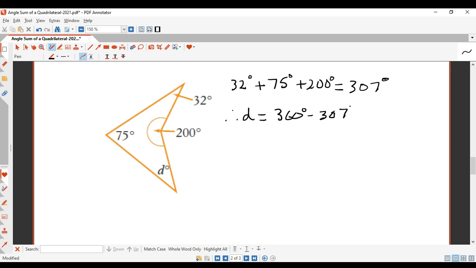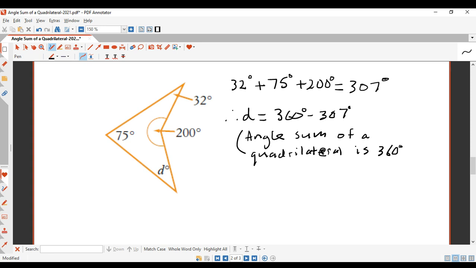Don't forget to put the degrees symbol. And we're going to put down the reason. Angle sum of a quadrilateral is 360 degrees. So therefore, D is equal to 53, isn't it? Okay, and that's all there is to it.